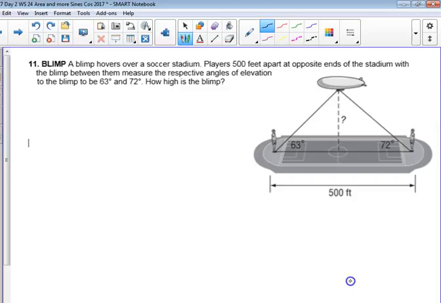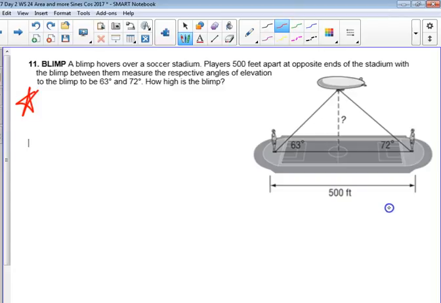This idea shows up a whole bunch of times on worksheets 25 and 26, okay? The trick to this question is that if this is a 63 and this is a 72, does this line falling down here cut this in half, 250 and 250?